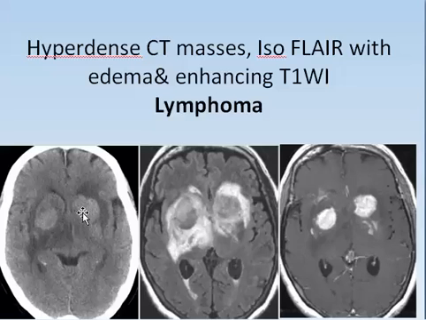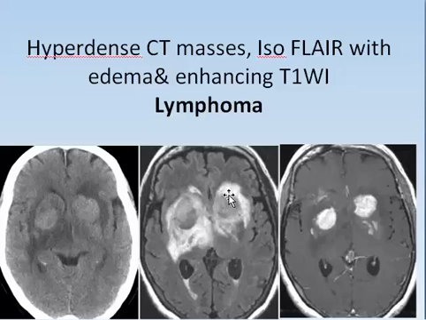Hyperdense masses on either side in CT. In FLAIR, it's isointense to the gray matter, but surrounded with marked edema. And in contrast T1 weighted images, they appear enhancing.